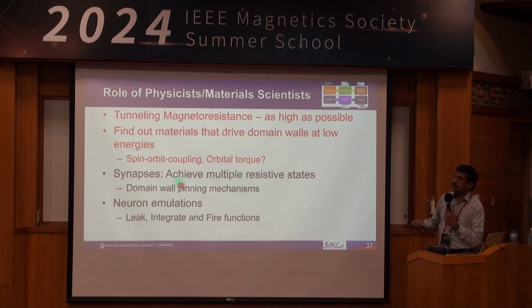So in this case, the concept of domain wall pinning is important. So that's what I'll spend a few minutes on later. And when it comes to neurons, the neurons that we design should be able to demonstrate leak, integrate, and fire functions. Okay, so this is what I'll be talking about in the next few minutes.